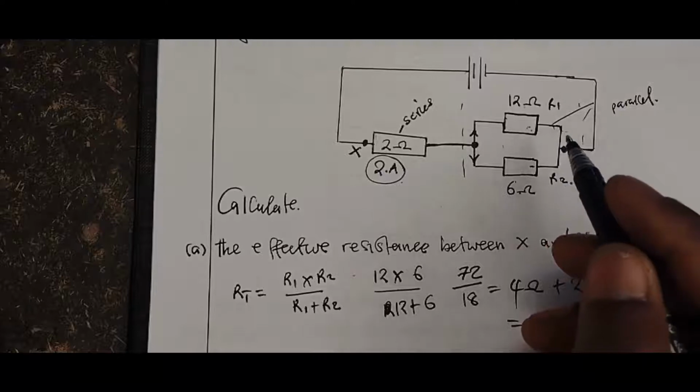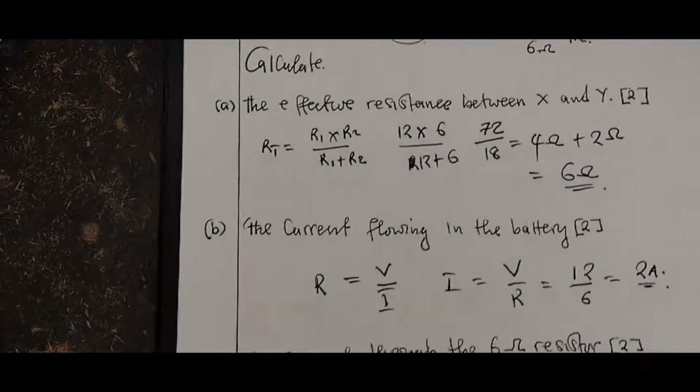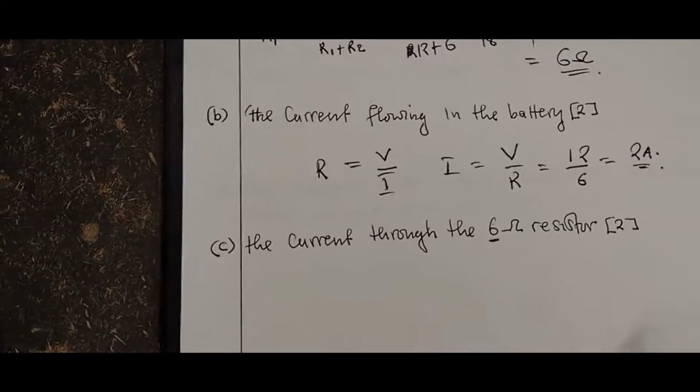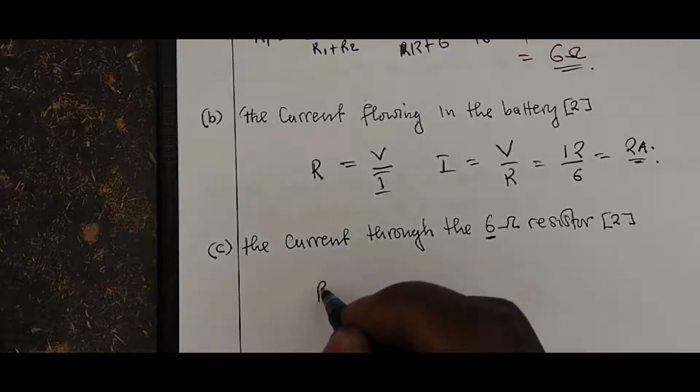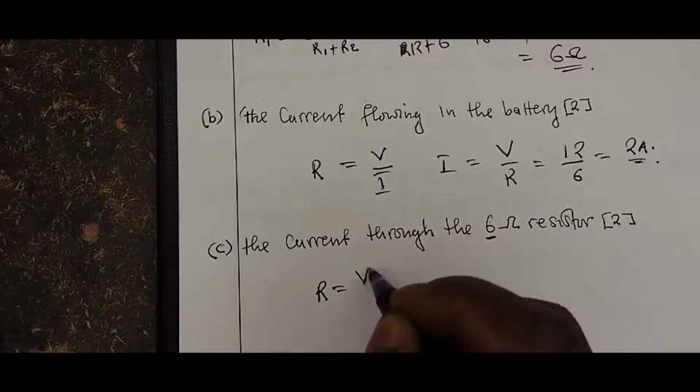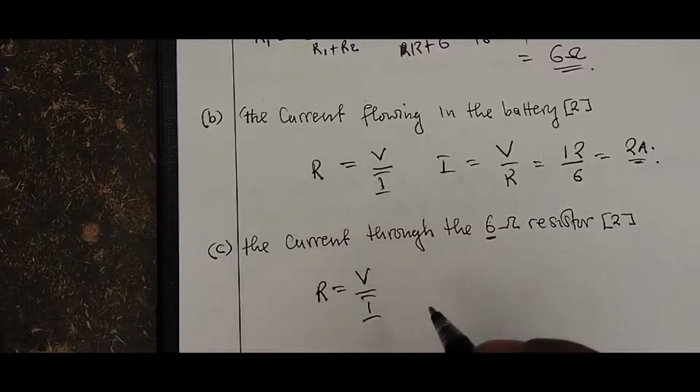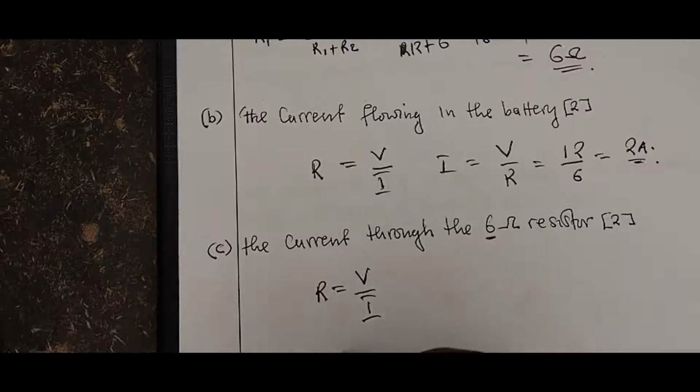Now, how do we find it? So now we're going to start by finding the voltage at 2 amp current. So applying this formula, R is equal to V over current. We are finding the voltage at 2 ohms.